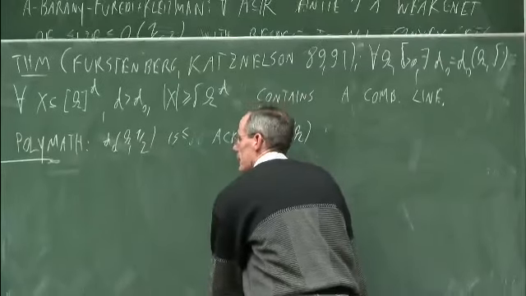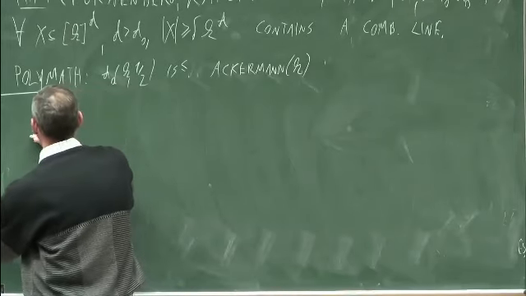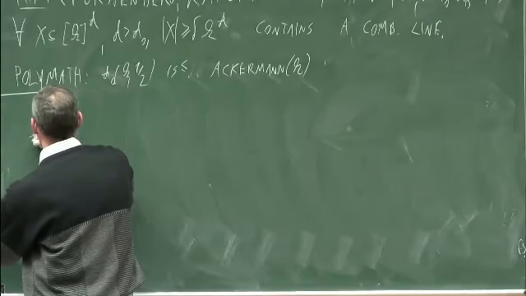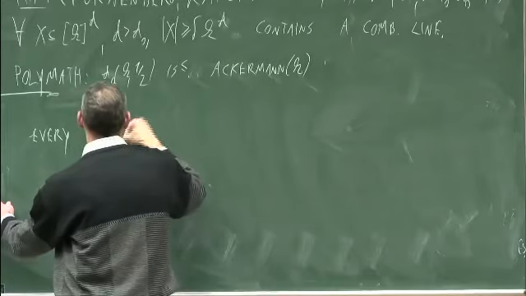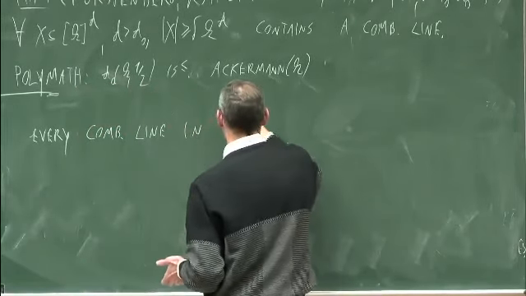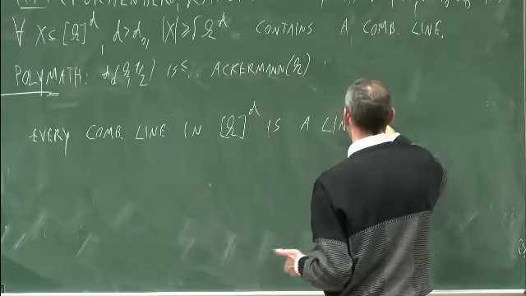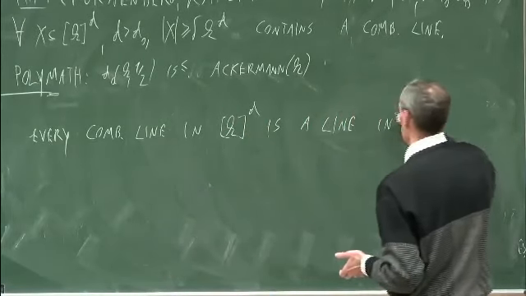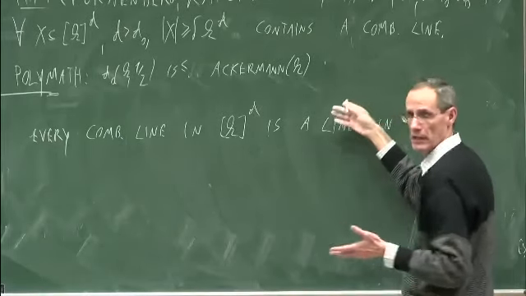So note that every combinatorial line in this k to the d is also a geometric line in R^d, only we are in very high dimension.